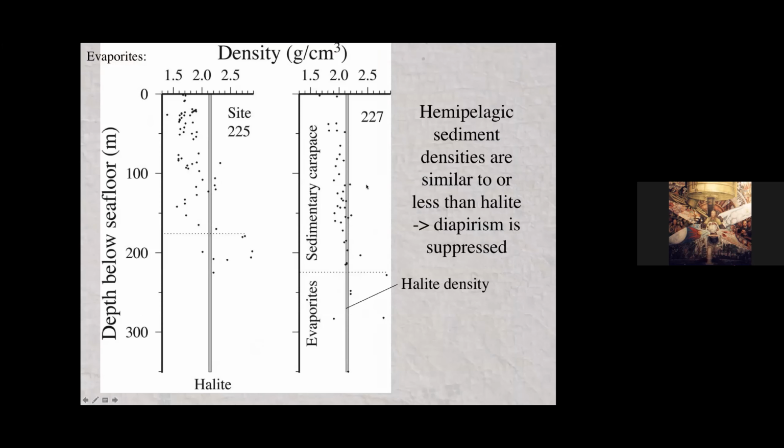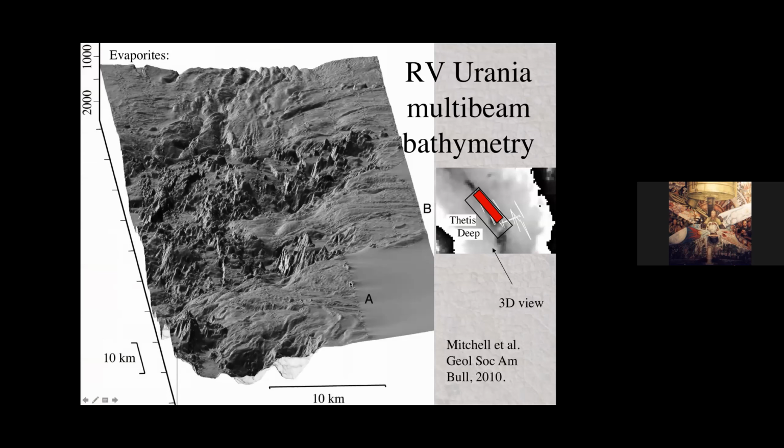The densities of these overlying sediments are similar to halite, so we don't have a density inversion. So diapirism is suppressed. You don't have normal diapirism that you do get at the margins.